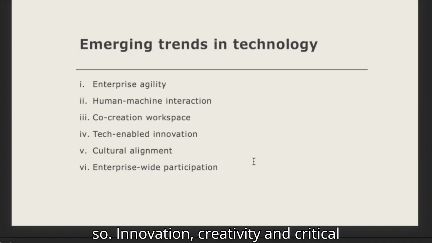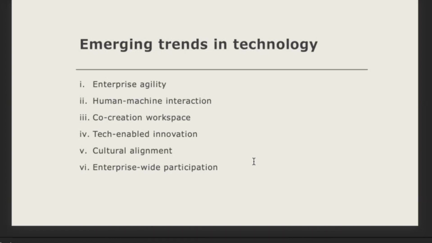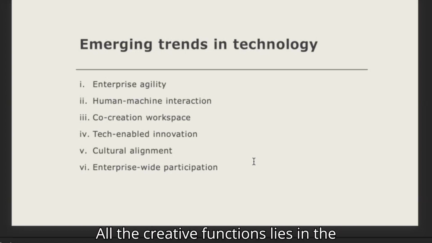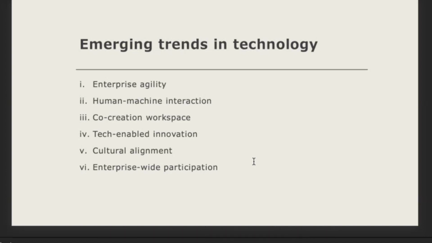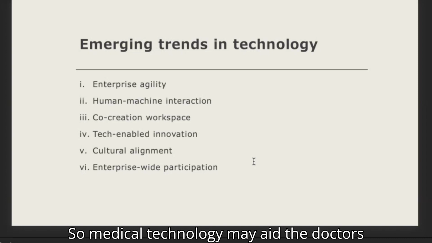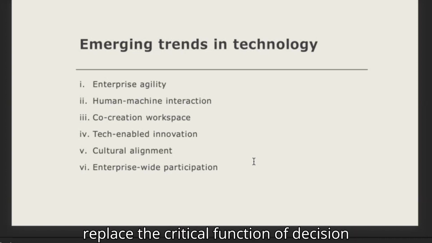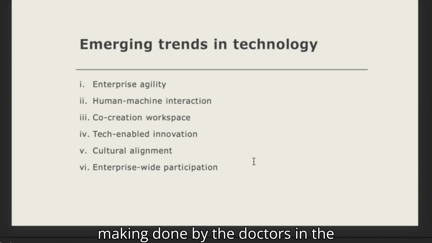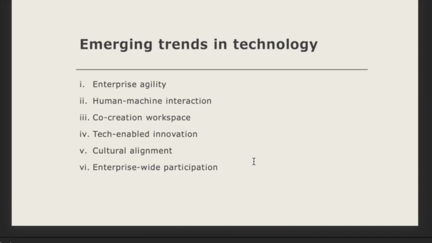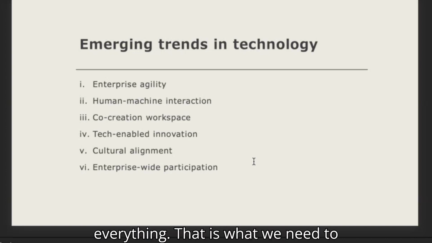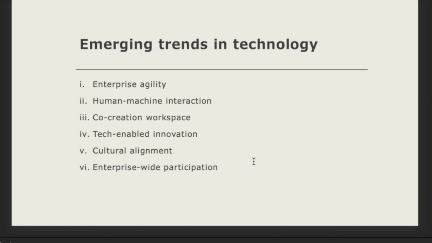So innovation, creativity, and critical decision making lie, all the creative functions lie in the hands of the people. So medical technology may aid the doctors in proper diagnostics, but cannot replace the critical function of decision making done by the doctors in the treatment of patients. So organizations cannot automate everything. That is what we need to understand here.